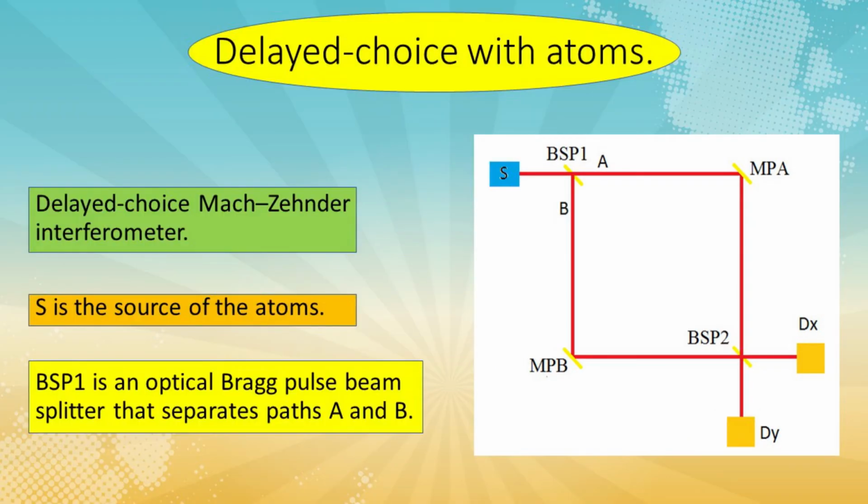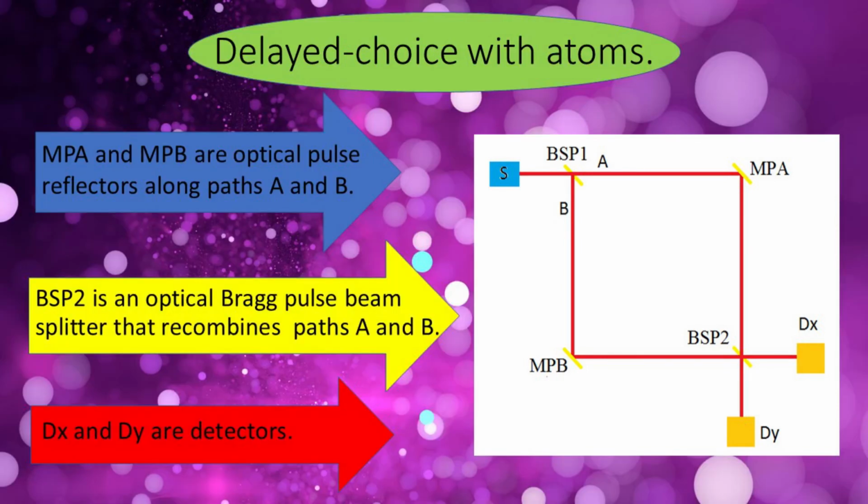In this delayed choice Mach-Zehnder interferometer, S is the source of the atoms, BSP1 is an optical Bragg pulse beam splitter that separates paths A and B, MPA and MPB are optical pulse reflectors along paths A and B, BSP2 is an optical Bragg pulse beam splitter that recombines paths A and B, and Dx and Dy are detectors.